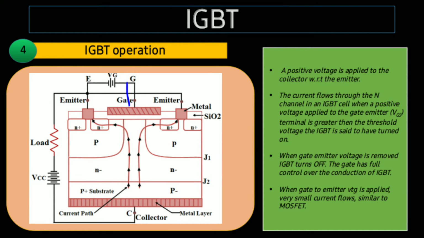If we increase the gate voltage to some value, due to the capacitance effect on the SiO2 layer, the negative ions accumulate on the upper side of the layer and the positive ions accumulate on the lower side of the SiO2 layer. This causes the inversion of the charge carriers in the P region.